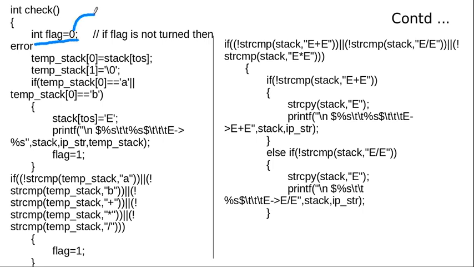If it is turned to 1, that means the input string I am passing is accepted, nothing but either a shift operation or a reduce action was performed. If the flag does not turn into 1, that indicates it is an error. Okay, be careful. If the flag is not turned, then it is an error. If turned, it is accepted.